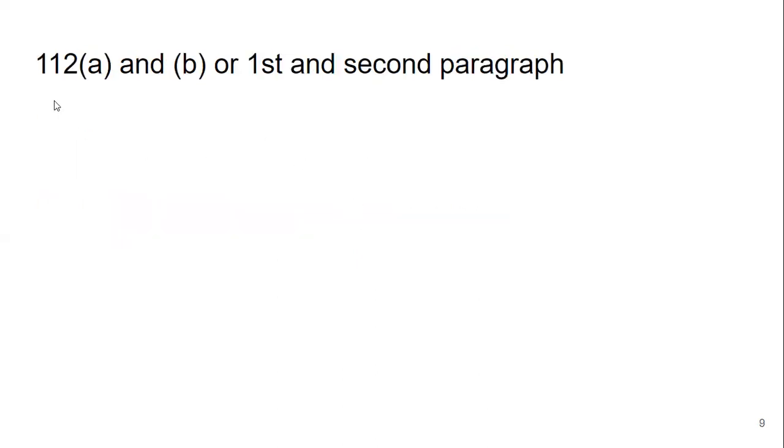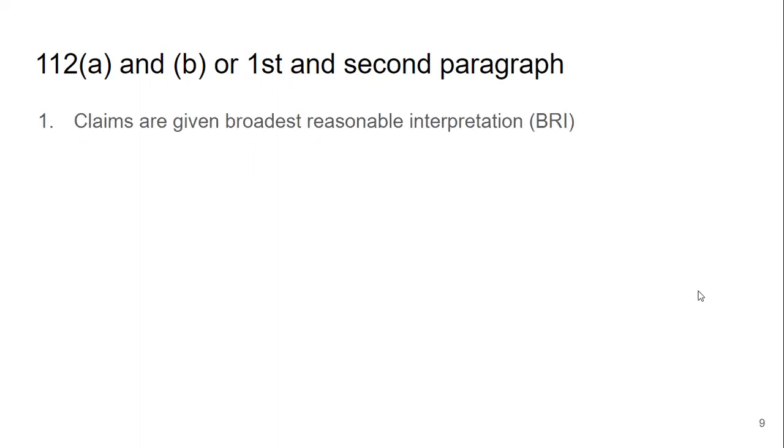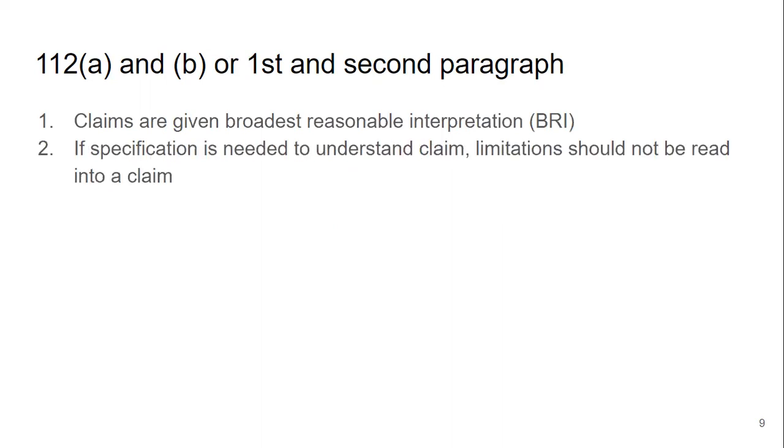Now 112(a) or (b), or in pre-AIA, it was called the first and second paragraph. Under this statutory area, claims are given the broadest reasonable interpretation. If a specification is needed to understand a claim, the limitations within the specification should not be read into the claim. So it only goes one way, right?